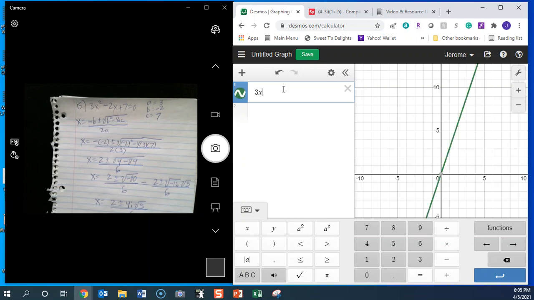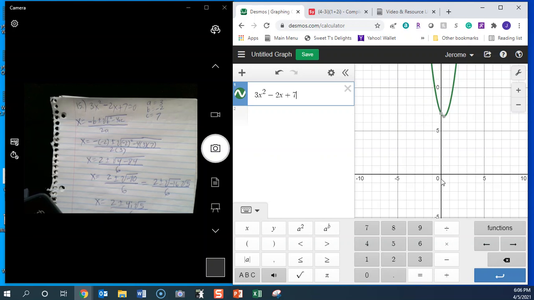So we have 3x squared minus 2x plus 7. Now, how we prove that this does not have an x-intercept is that it doesn't hit the x-axis.